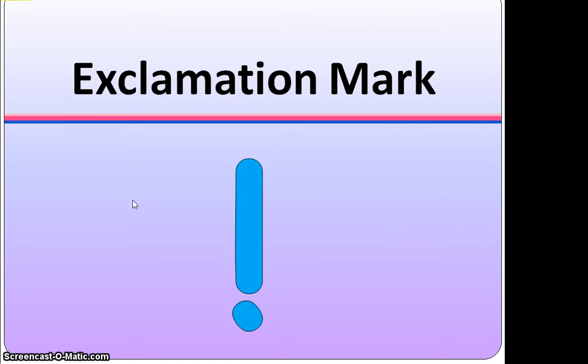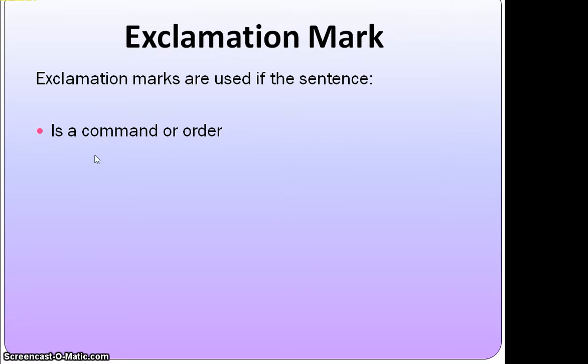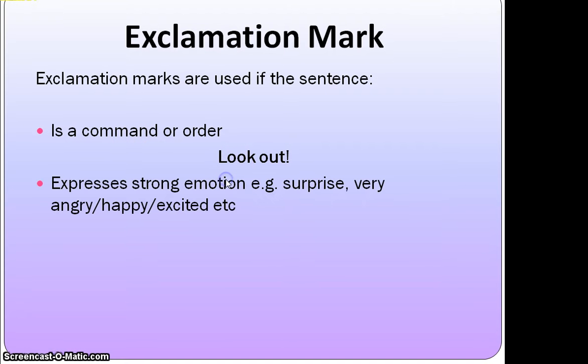Exclamation mark. Again, these exclamation marks are put at the end of the sentence. But what kind of sentence? A sentence that shows surprise, or if there is a command or order. Example, look out. It's an order that you should look out.